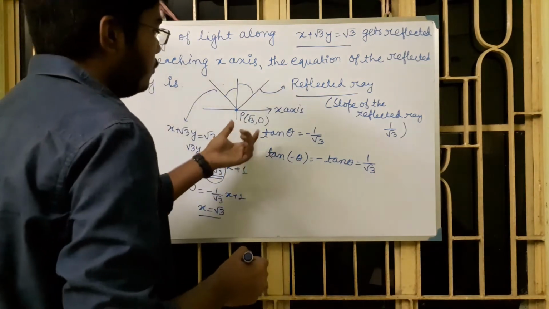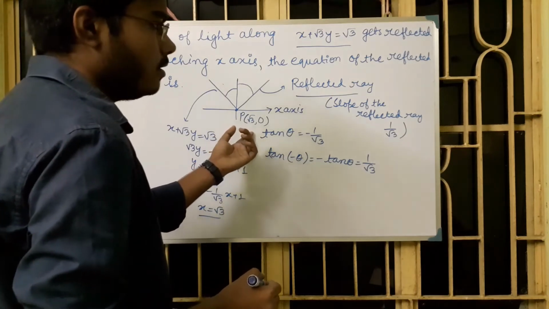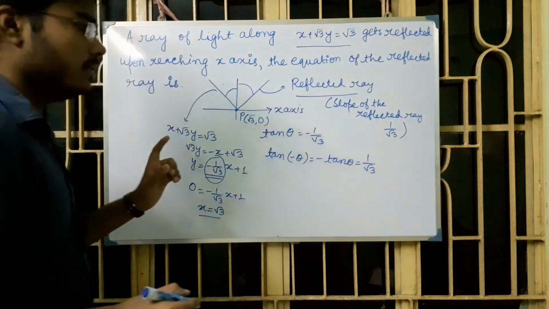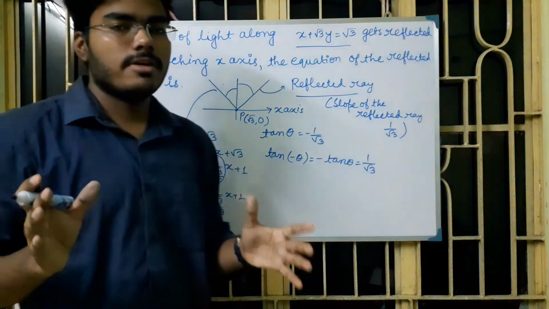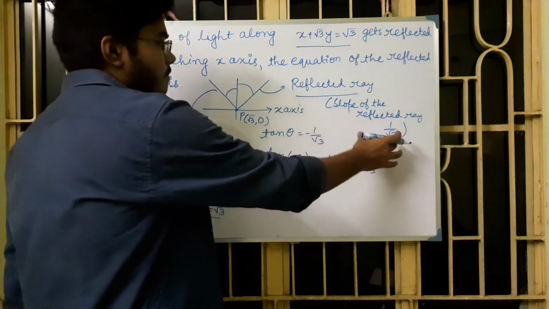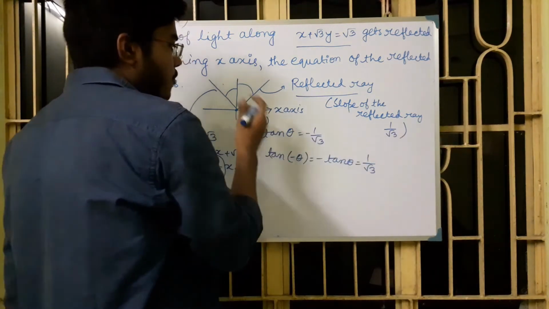So we have two pieces of information: the slope and the point, and the equation of a straight line can be found by using the slope and the point.